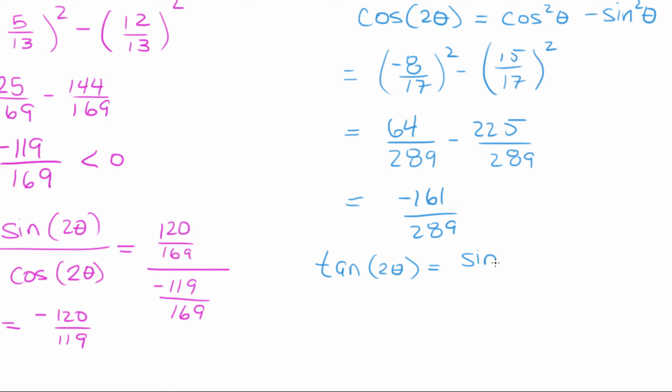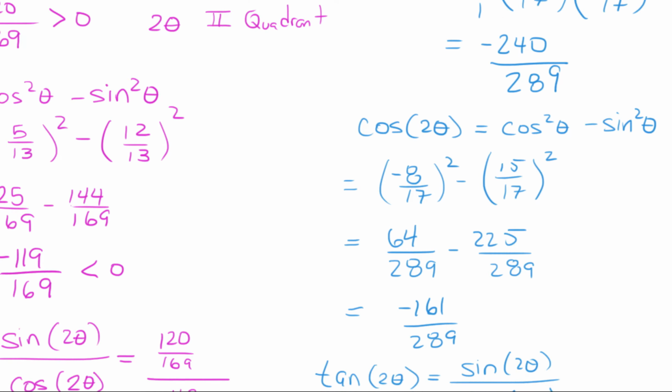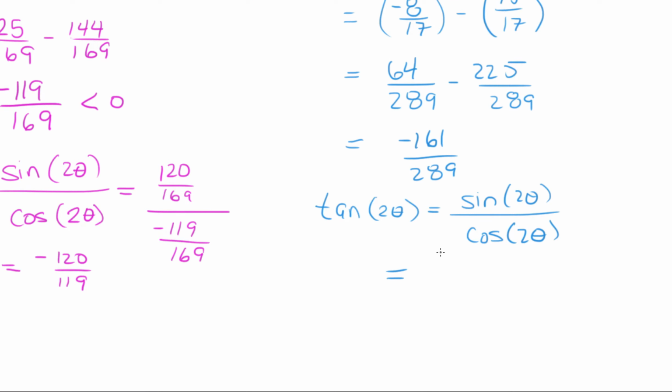Now again, similar to the previous example, tangent of 2 theta equals sine of 2 theta over cosine of 2 theta, which is equal to, well, sine of 2 theta is negative 240 over 289. And cosine of 2 theta is negative 161 over 289.